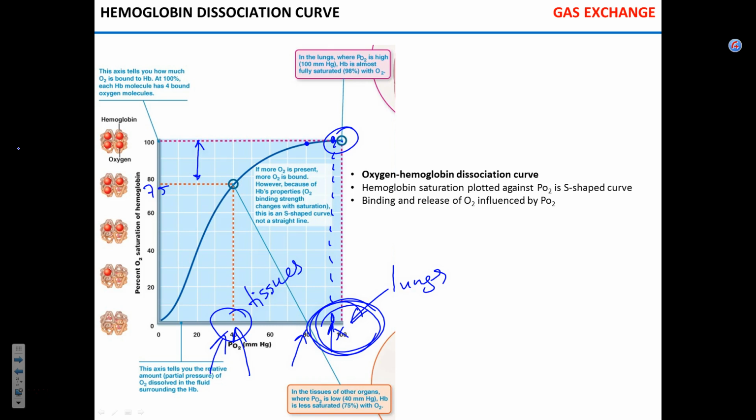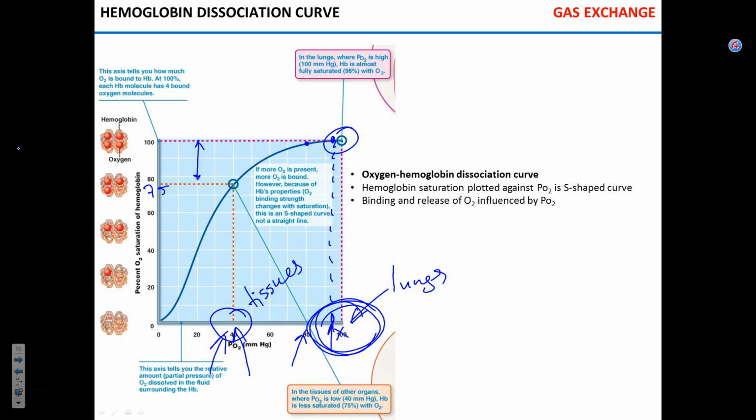Now, it's all percentages. Now, 100%, let's take one molecule of hemoglobin, okay, just one. 100% saturation means how many oxygens? 4. 75% saturation means how many oxygens? 3. That one oxygen, where did it go? Yes, tissues.